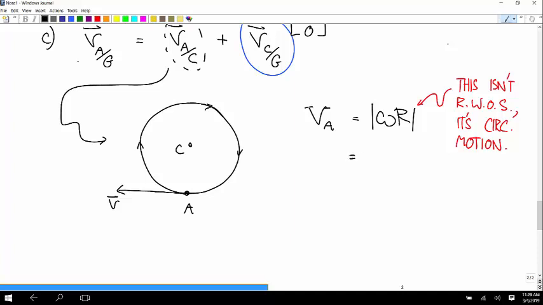And those numbers are the same, so that speed is equal to 5 times 0.5. And so you get 2.5. It's in the negative x direction, so the velocity of that point A relative to the center is negative 2.50.